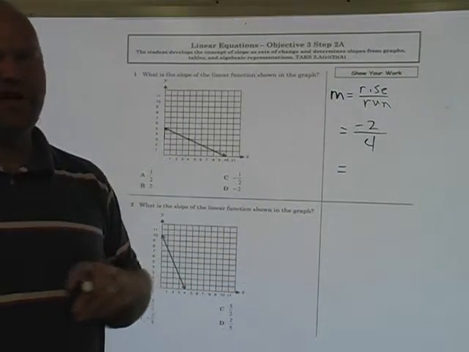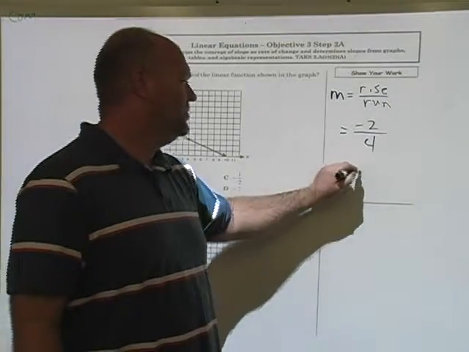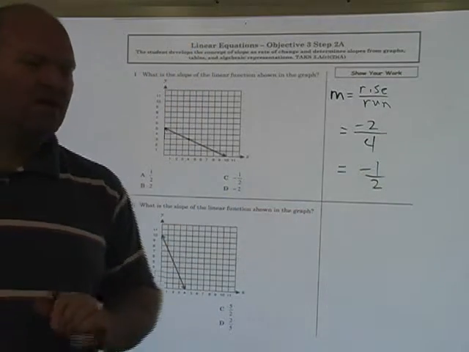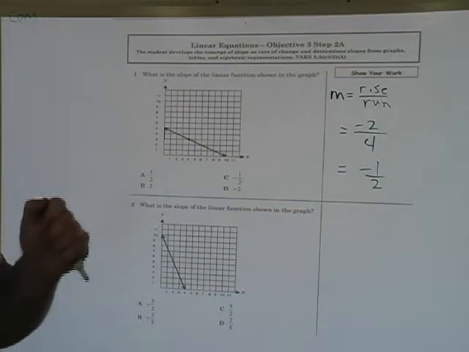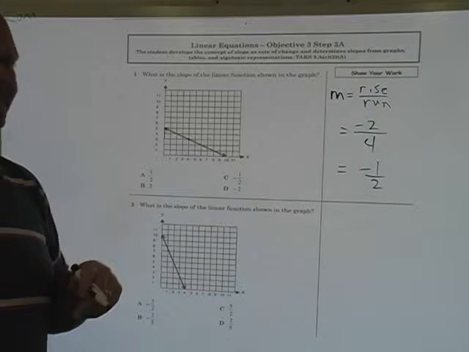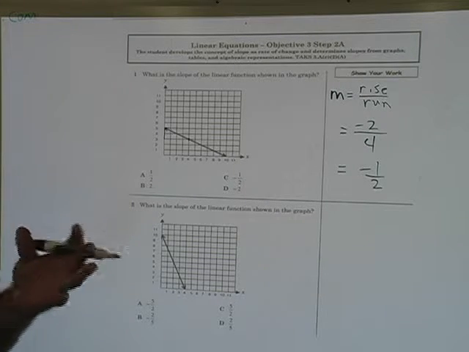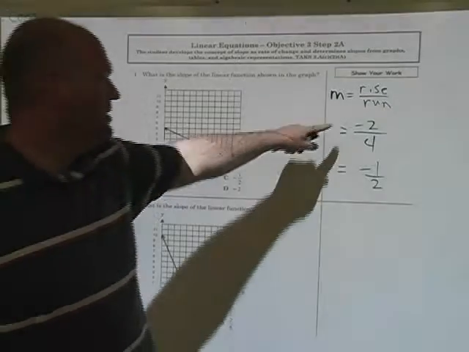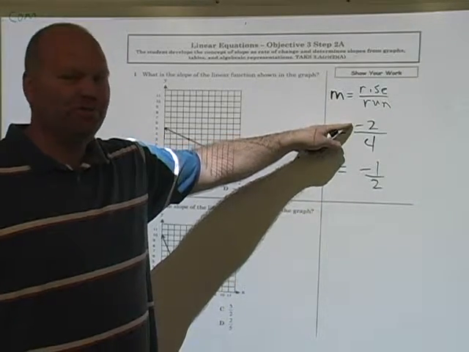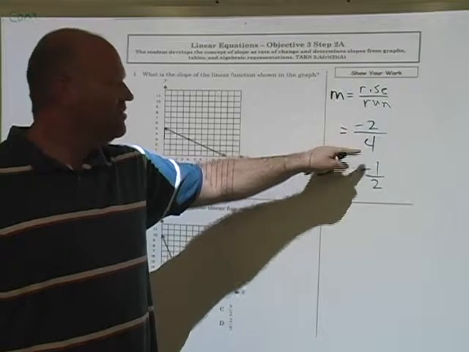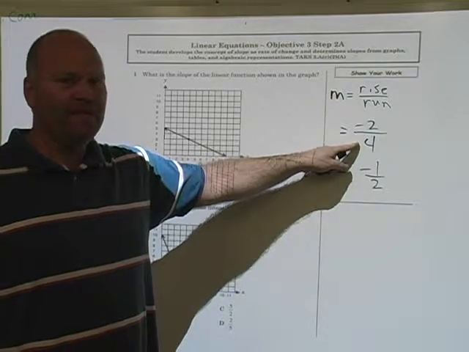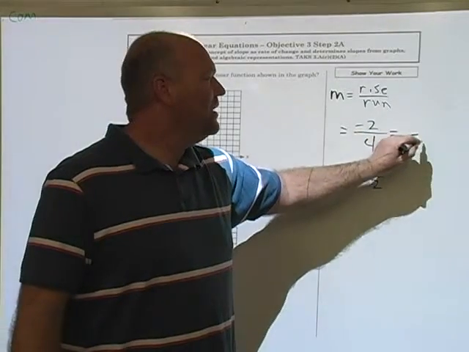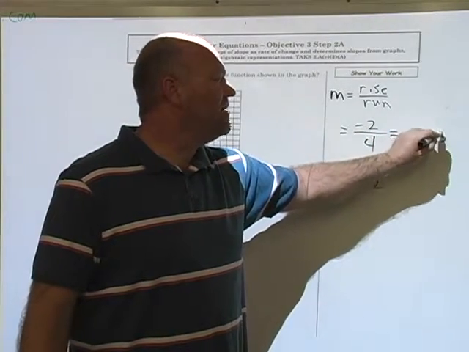And then you reduce that fraction to -1/2. If you don't know how to reduce a fraction, there's an easy way to do it on your calculator. If you punch in -2 divided by 4 on your calculator and hit enter, you're going to get -0.5.